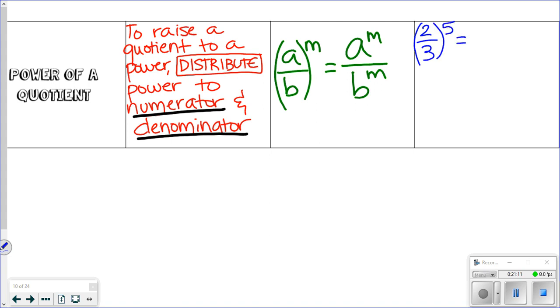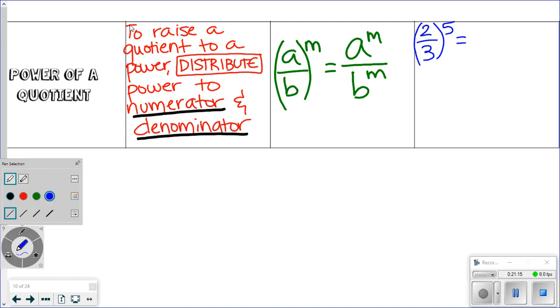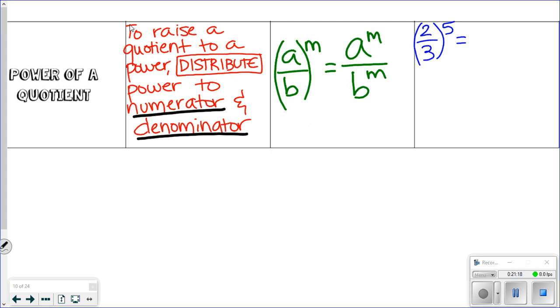So go ahead and try that one and get your answer. And also try this question and come up with your answer.